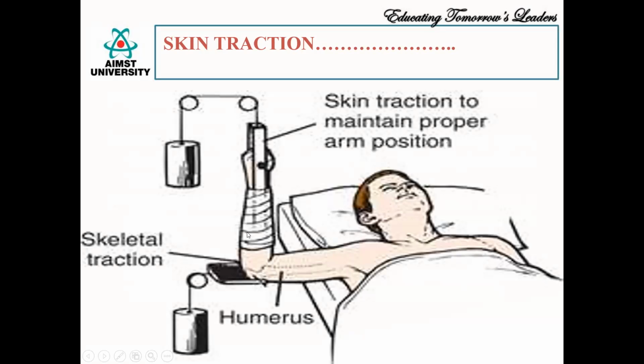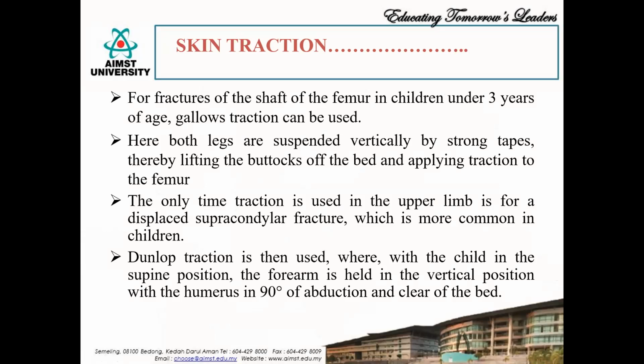Skin traction means it's superficial; we are just attaching adhesive tapes. But skeletal traction means you are inserting pins or needles to secure the traction effect. It is a little painful. Skeletal traction needs you to insert a rod or nails. This is also for supracondylar fracture.